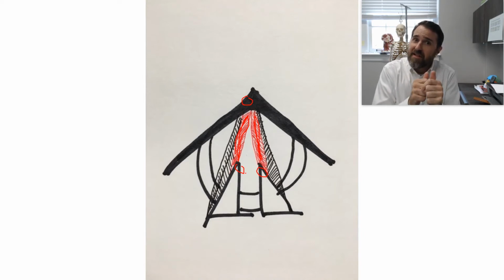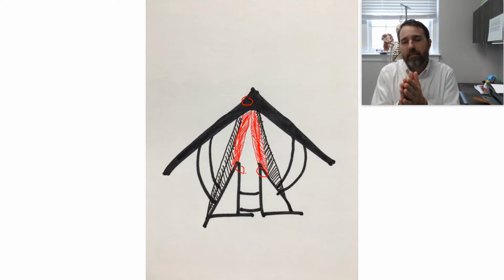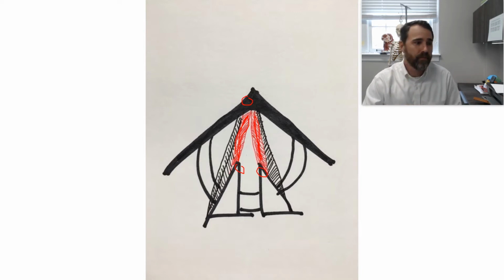And if it tightens itself, it's tightening the vocal folds because it's a big part of the vocal folds. It's the middle part, the part that is vibrating. So when the thyrovocalis contracts, it tenses the vocal folds.